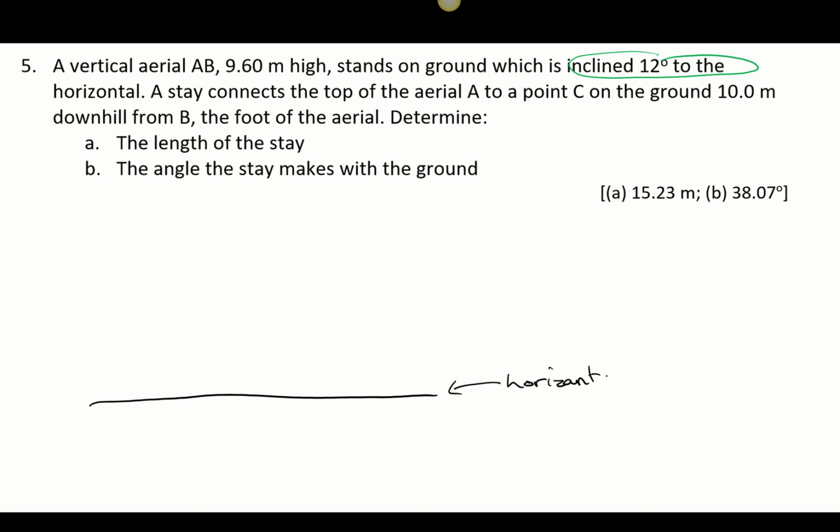So there is our horizontal. Now we're being told in this question that we have ground that is inclining up from that, say grass, a little bit of grass on the ground, inclining up there at 12 degrees. That's ultimately what we're saying, and it's going to continue on.